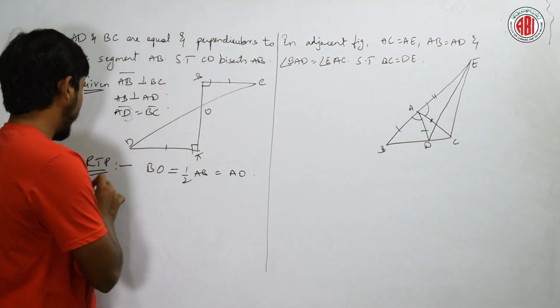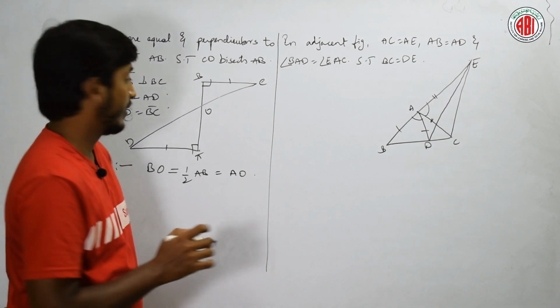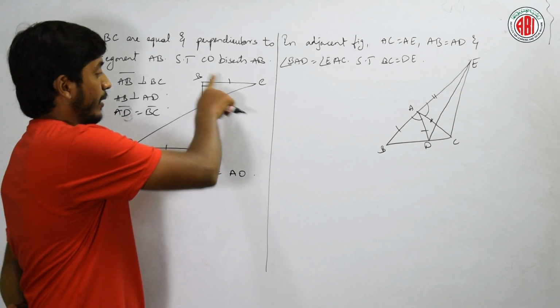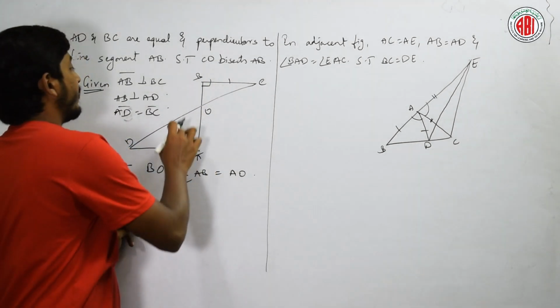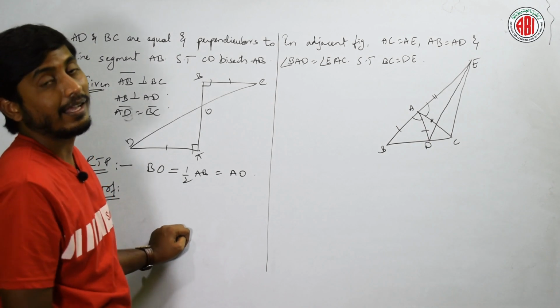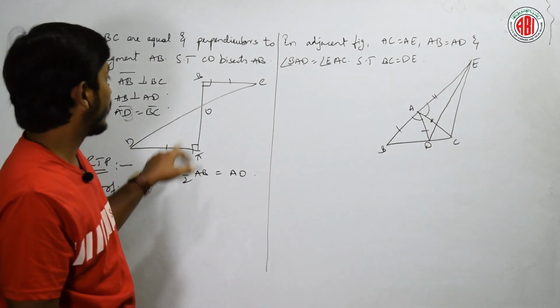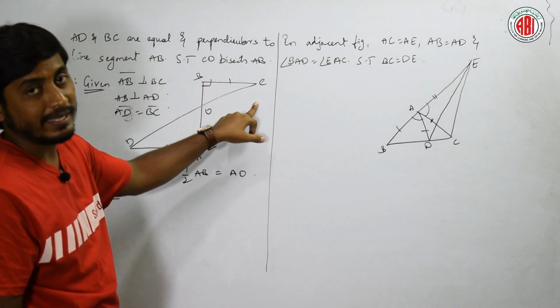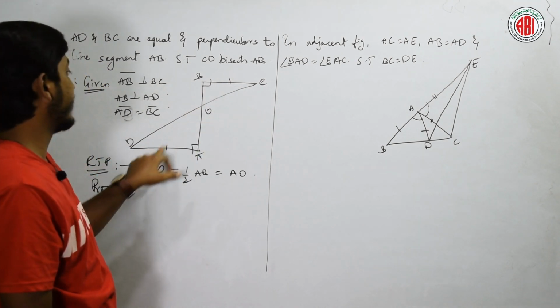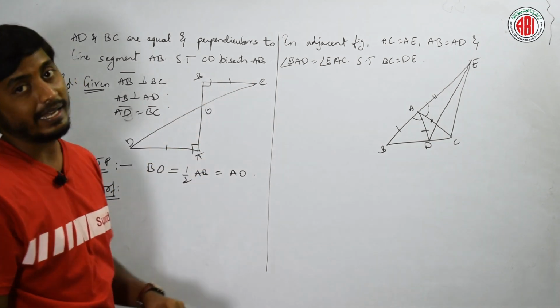If you observe, this one side is equal. Now I have to prove these two triangles are congruent. How do I prove? Just tell me. These both are parallel to each other, and this side is equal to this side, and this is a right angle triangle.